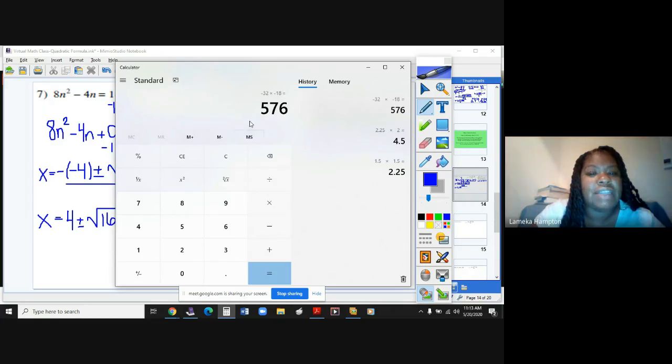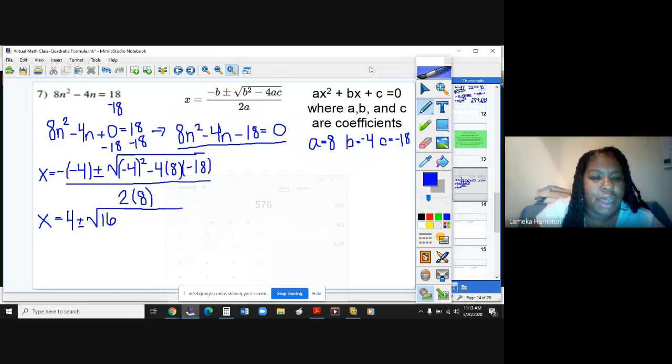That gives me a positive 576. So now when I multiply all of these numbers, the negative 4 times my positive 8 times my negative 18, that gives me a positive 576. And all of that is going to be over 2 times 8, and that gives me 16.